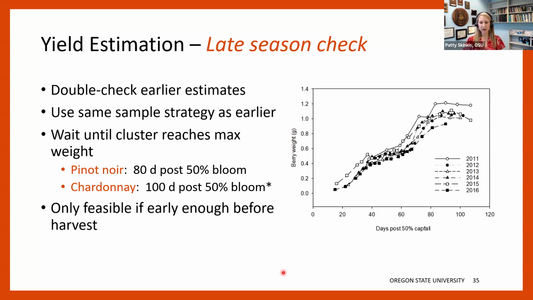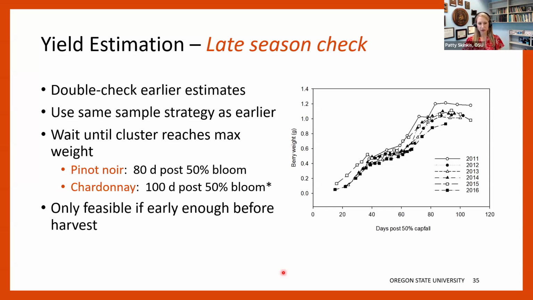Now, if you want to do Chardonnay, we don't see that leveling off. I think in part this is because of the timing of Chardonnay harvest when we collected the data. They were harvesting at about 100 days, maybe even before 100 days. So we never saw the maximum berry size reached until right there at harvest.